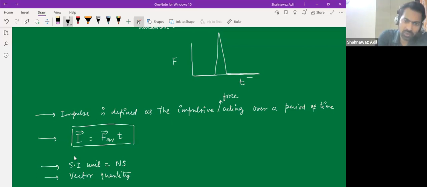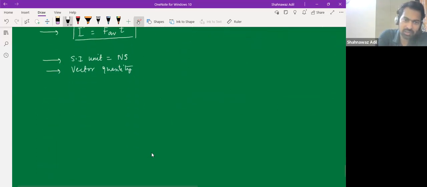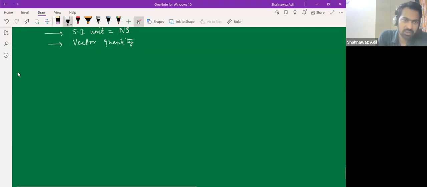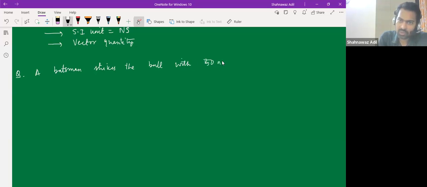Okay, so let us do one question to understand this problem. A batsman strikes the ball with, let's say, 50 Newton force in 0.01 seconds.